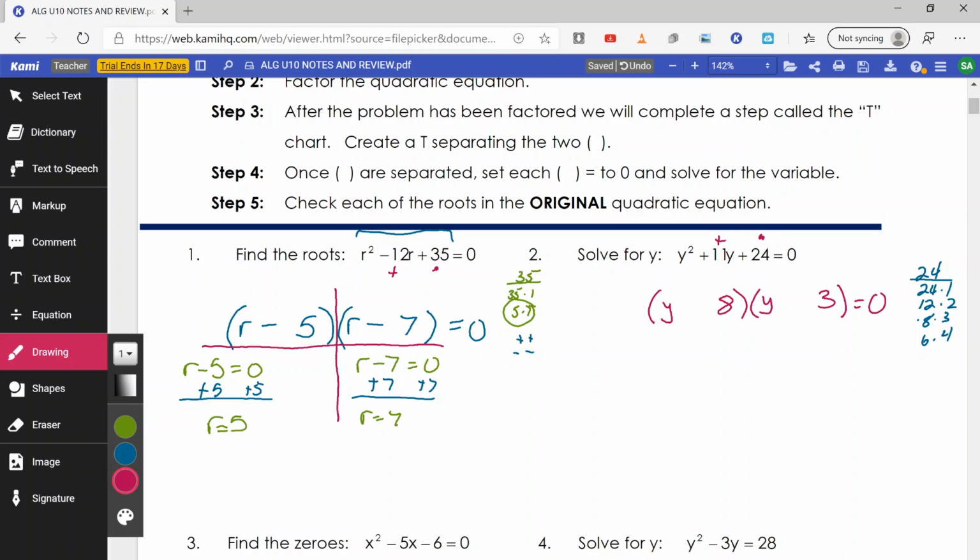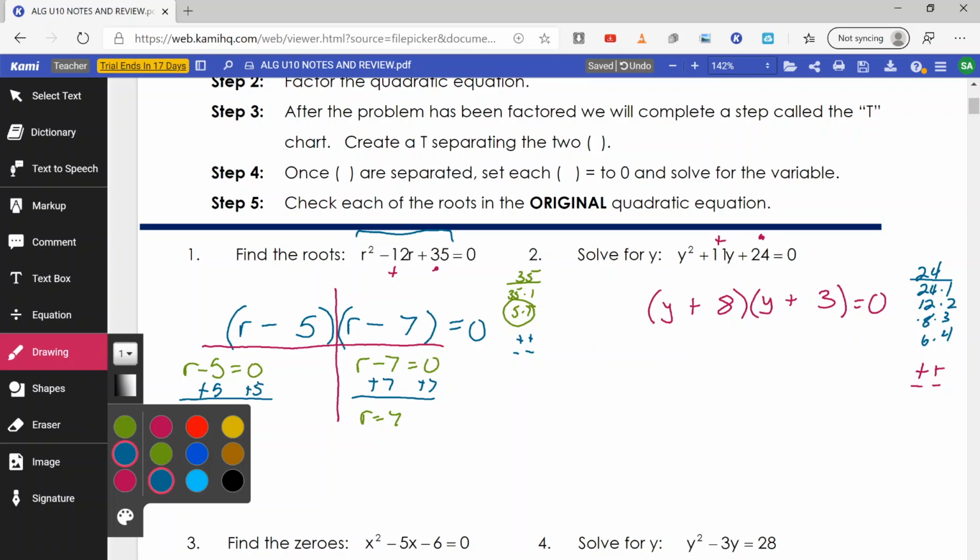So again, multiply to a positive 24. That means either positive times positive or negative times negative. If I take a look at the middle term, the middle term is positive. So positive 8 and positive 3 will make positive 11. Once we have it factored like this, I need to know what value of y will give me an answer of 0.